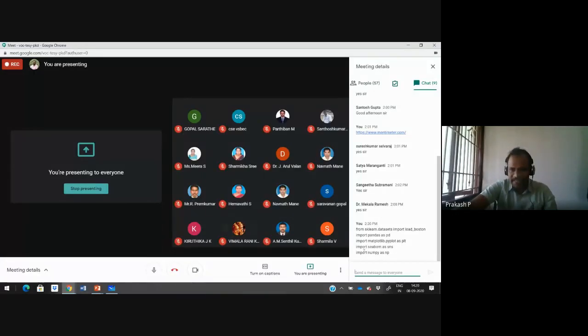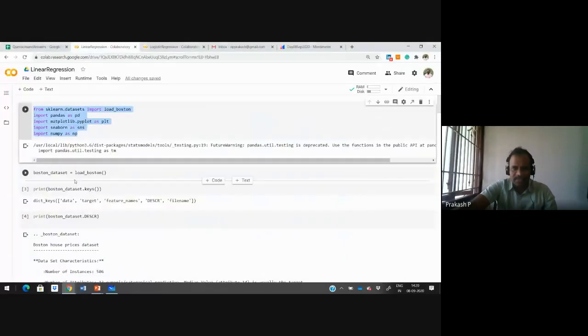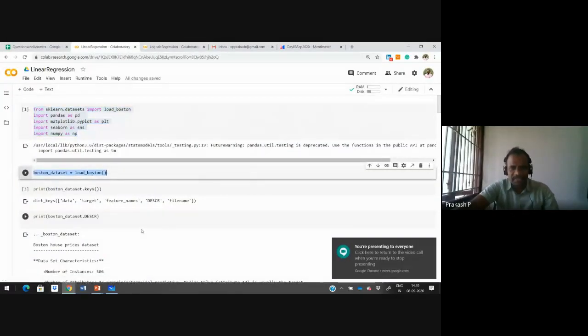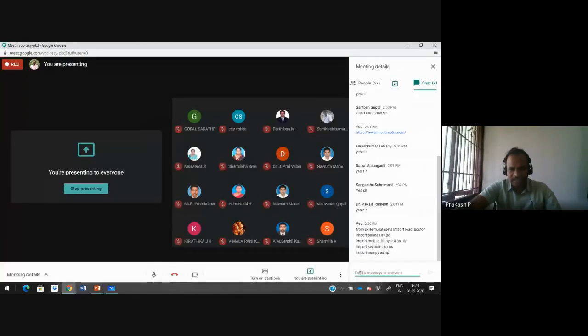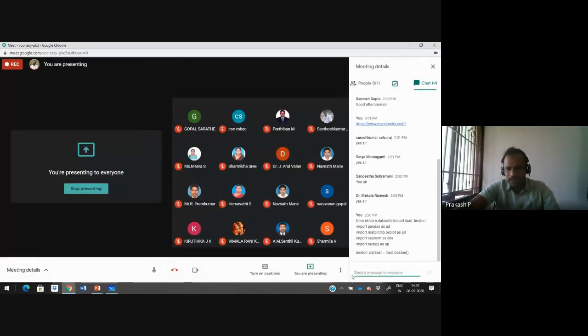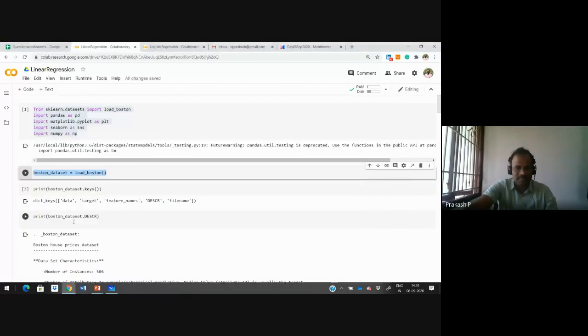Once you import them, there is a built-in function given. Just import the Boston dataset. Load Boston. It will load automatically.